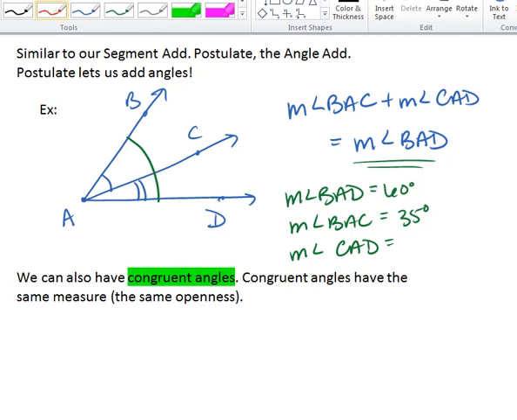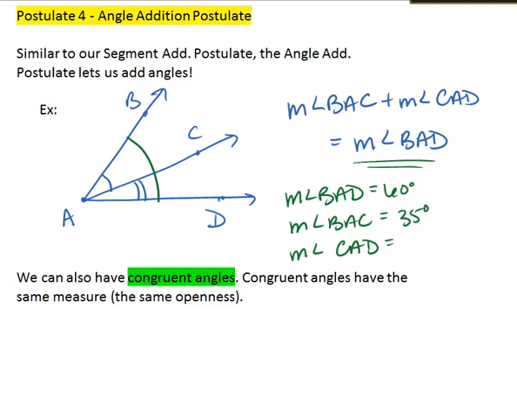Okay. If our large angle is 60 degrees, and this angle up here is 35 degrees, then CAD must be the difference between 60 and 35. So the measure of angle CAD is 25 degrees.